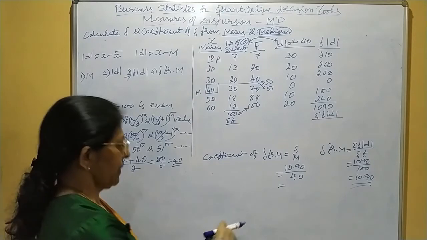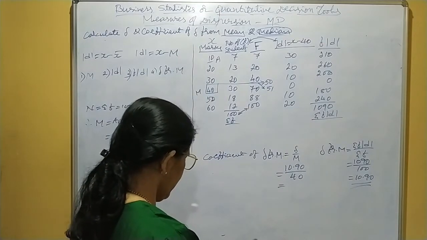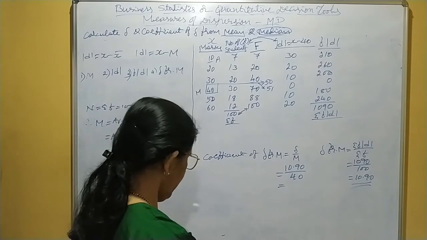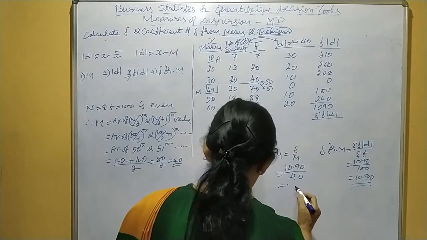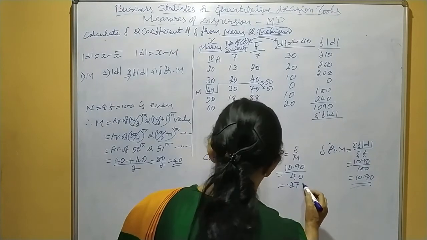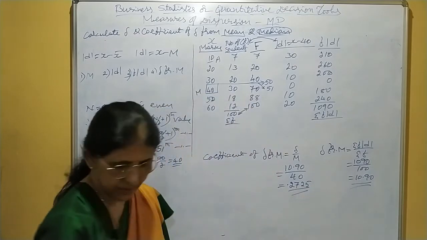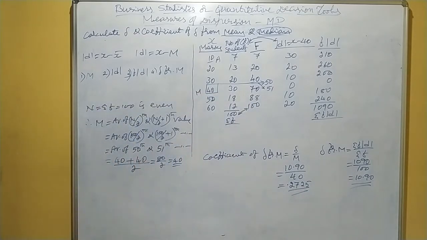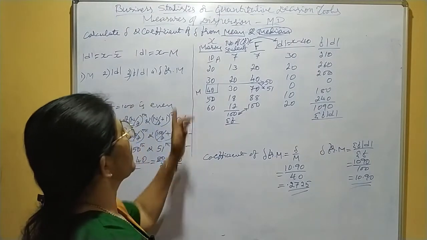Now 10.9 divided by 40, it comes to 0.2725.